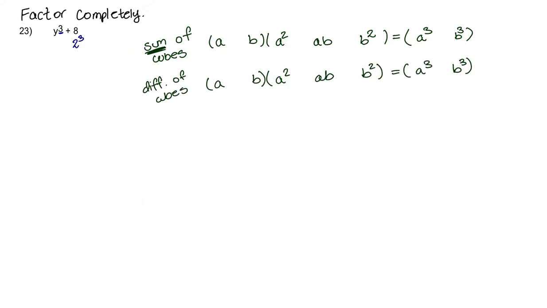So a sum of cubes, which is what we have here, will always have a positive sign here, a negative sign here, and a positive sign here. A difference of cubes will always have a negative sign here, a positive sign here, and a positive sign there.